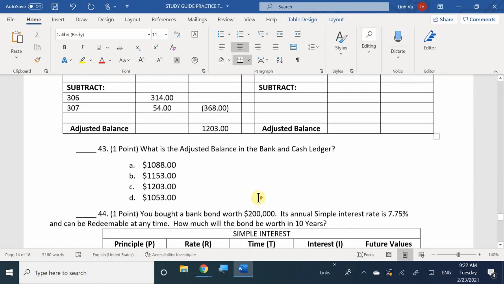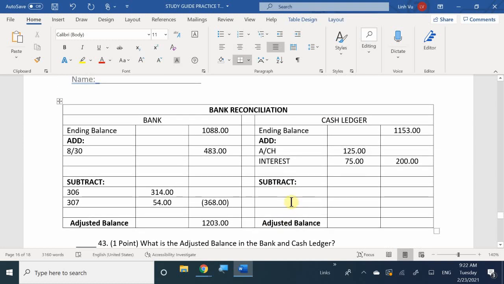So I'm going to scroll down here and subtract my service charge of 100 and my NSF for $50. So I need to subtract a total of 150.